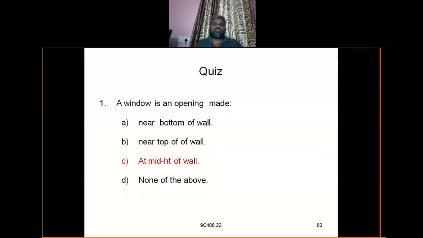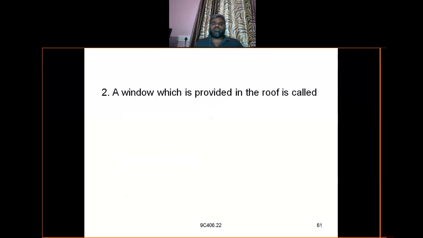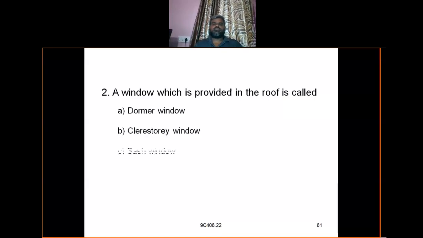A window is an opening made near the bottom of a wall, near the top of the wall, or at mid height of the wall. A window which is provided in the roof is called a clerestory window.